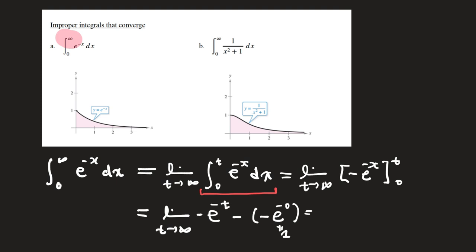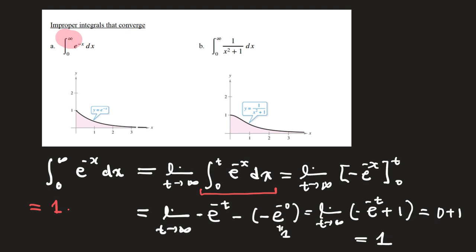So the limit as t approaches infinity of negative e to the negative t plus 1. We practiced this in previous sessions: as t goes to infinity, e to the negative t goes to 0. So it is 0 plus 1, and the limit is 1. That's how to calculate the improper integral. This limit exists, so the improper integral's answer is 1.